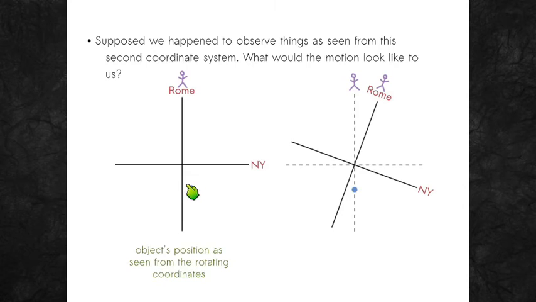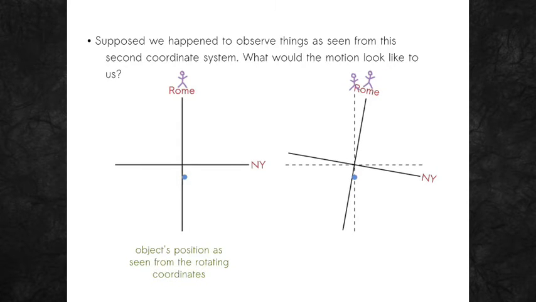That's where it is relative to his coordinates. We step it forward again and ask him where it is. It's some distance past the North Pole, not very far, and just a little bit off towards New York. So I plot that out in his coordinates along the Rome axis and the New York axis, just a little bit towards New York.